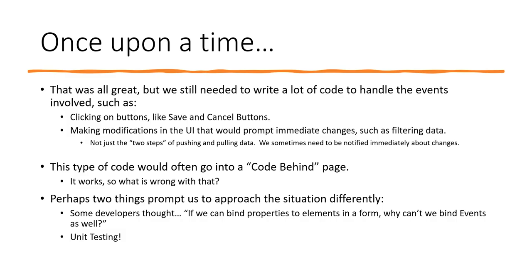Okay? The other big thing that has prompted us to think differently about the situation is unit testing. Now, we've been learning about unit testing, and we focused on little classes that perform calculations and do logic of different sorts and so on, right? But truth is, we eventually are going to learn how to do unit testing of forms and user interface and, of course, models and so on and so forth as well. And create a repository, do unit testing of the repository to make sure it's doing what it needs to do and so on.